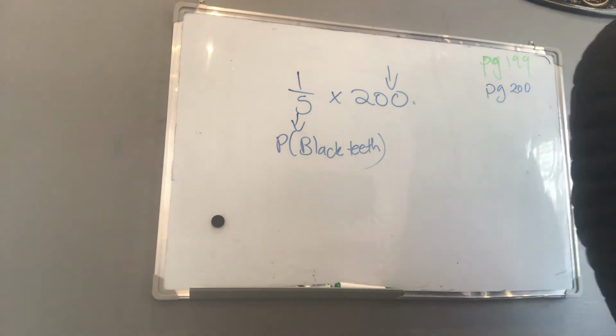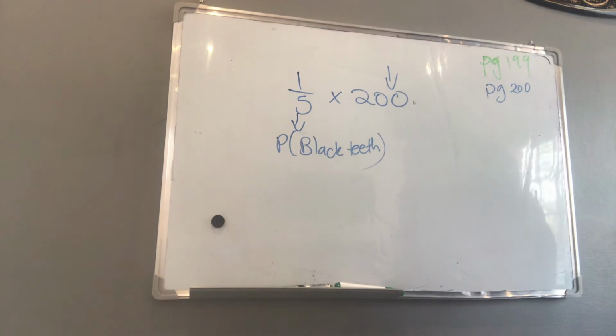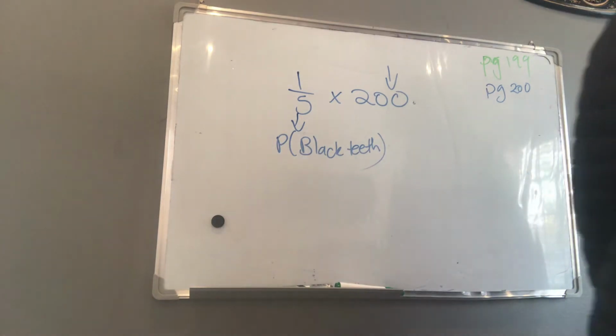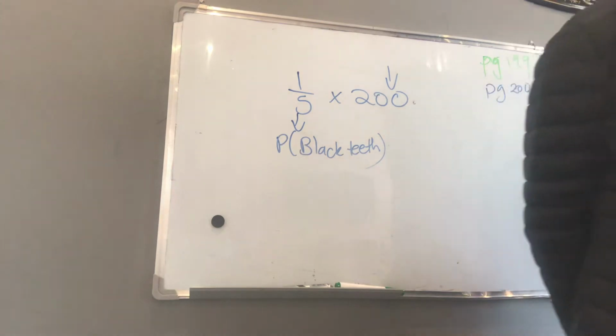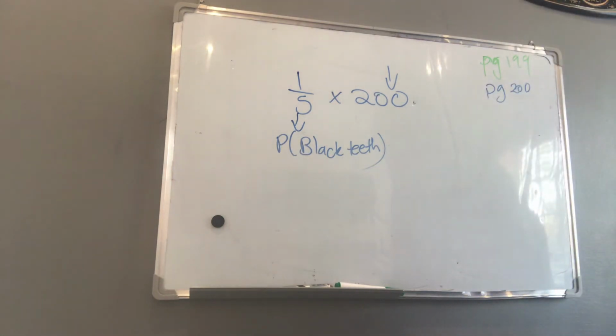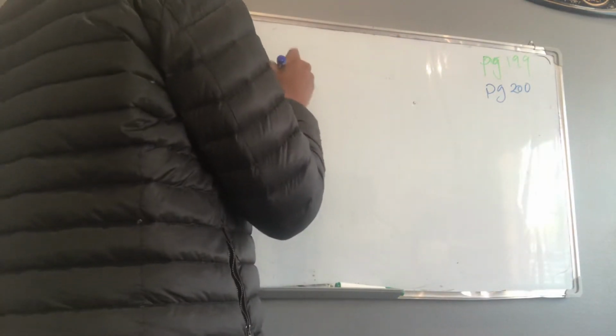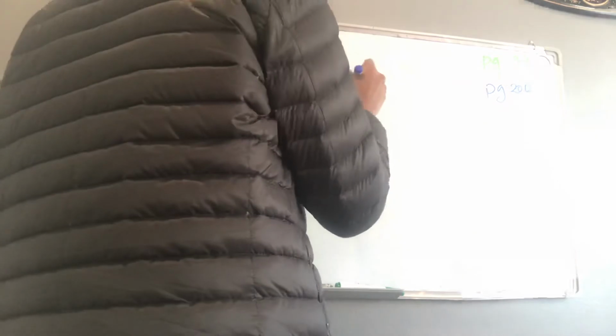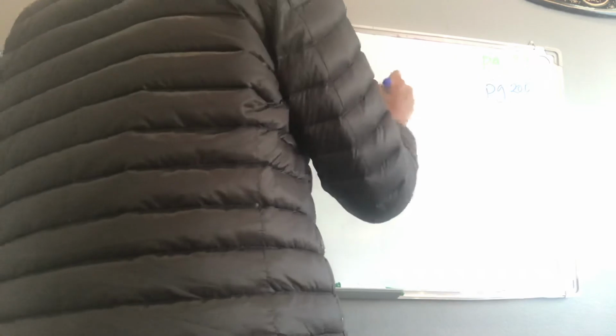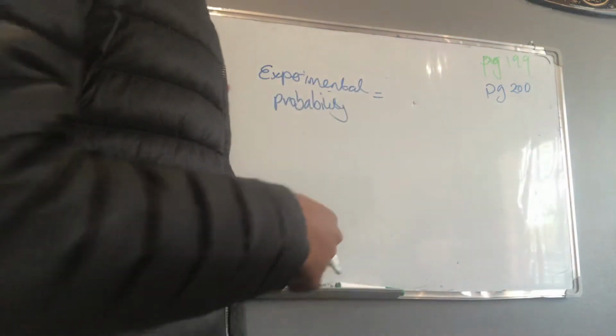But there's also an experimental probability, which refers to actual results obtained when calculating the relative frequency of an event after repeated trials. Remember, with the experimental probability, it's in the word experiment.